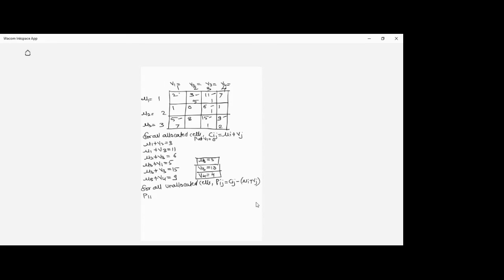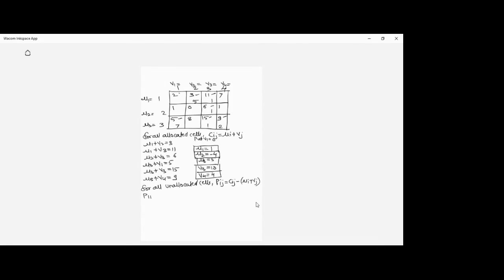So substituting the values, V3 here we get as 10, and U2 is equal to 6 minus 10, so it will be minus 4, right? Again we can use V3 as 10, so U1 is equal to 1.